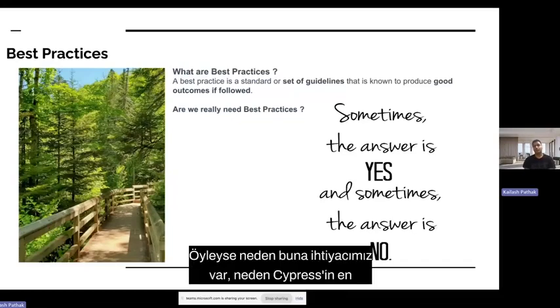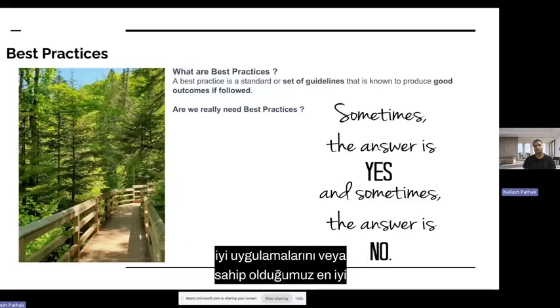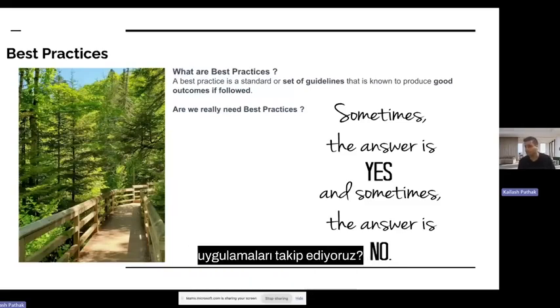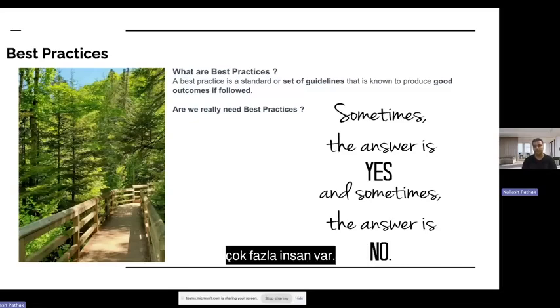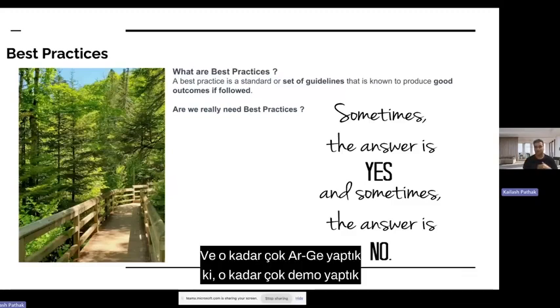So why do we follow established best practices? The reason is simple. Suppose I have made a product, and I have done a lot of R&D. I made this product over 2 to 3 years, with so many people behind it, so many demos.